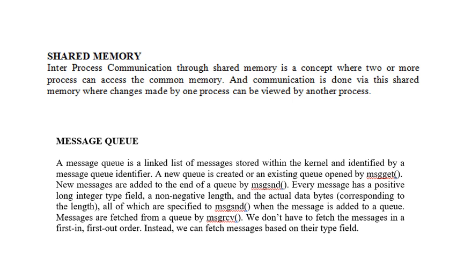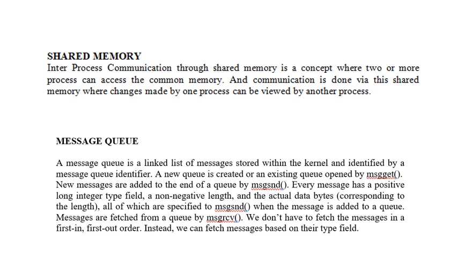A new queue is created, or if a queue already exists, that existing queue can be used. New messages are added to the end of the queue. If you want to get the queue, you can use the msgget command, and if you want to add a message, you can use msgsnd.